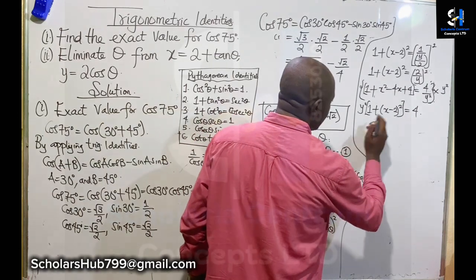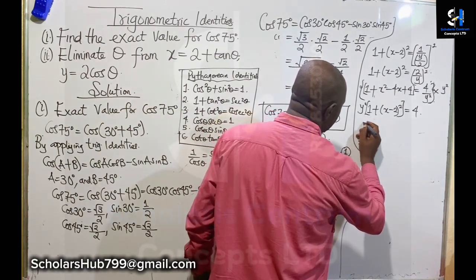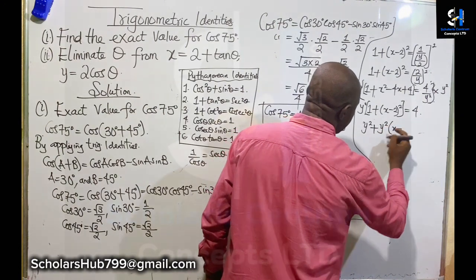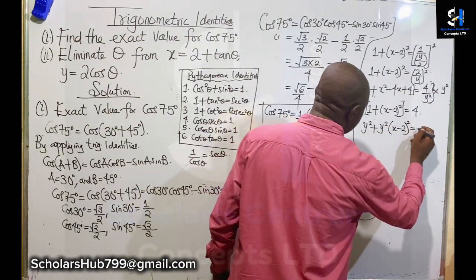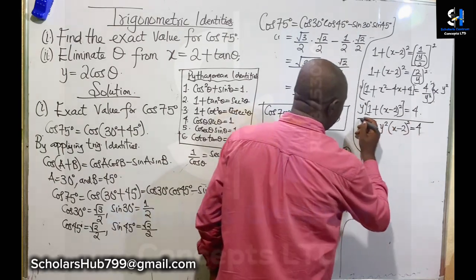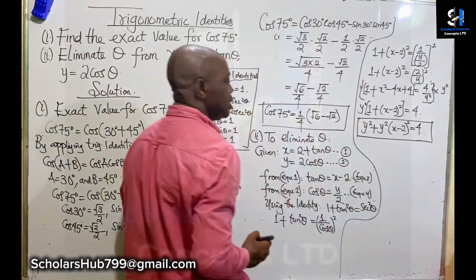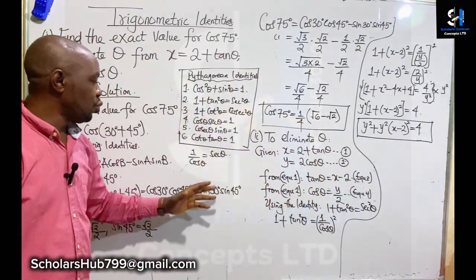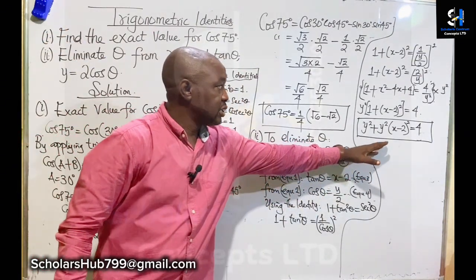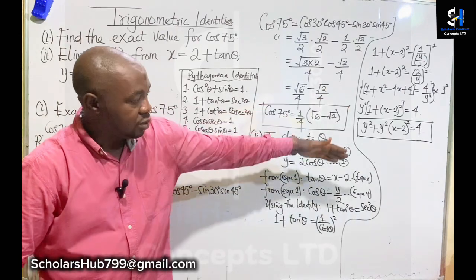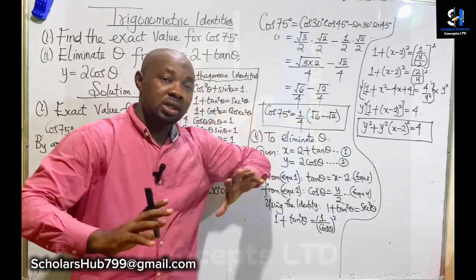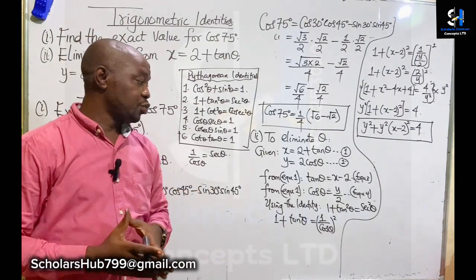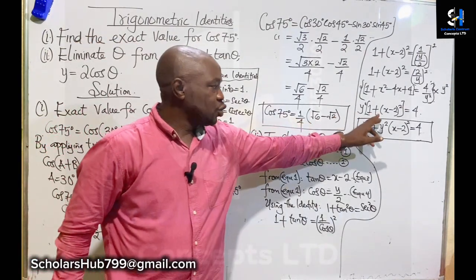Which means the equation will now be y squared plus y squared (x minus 2) raised to the power of 2 equals 4. And this is the equation which shows that we no longer have theta. In this equation there is no theta, which signifies that theta has been what? Eliminated.